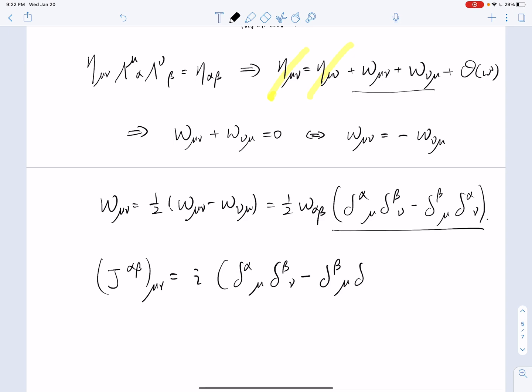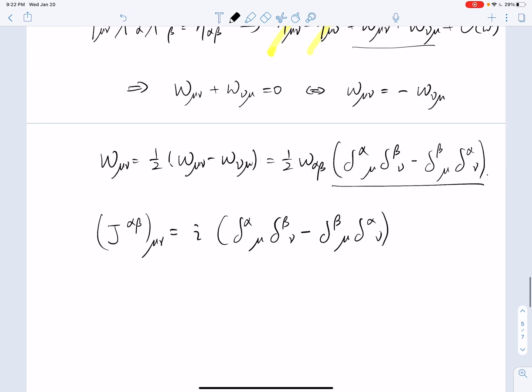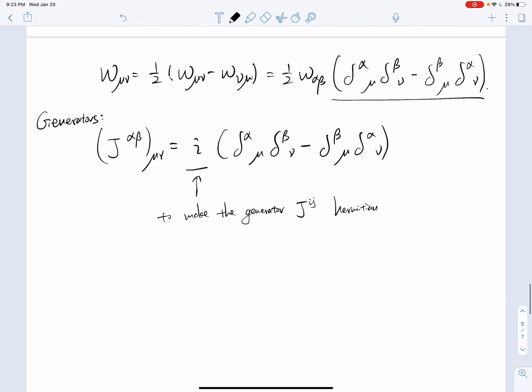You'll notice that I added an additional factor of i in front of it. This is because we want to make the generator J ij Hermitian. These J's are generators, and we add this i to make J ij Hermitian.